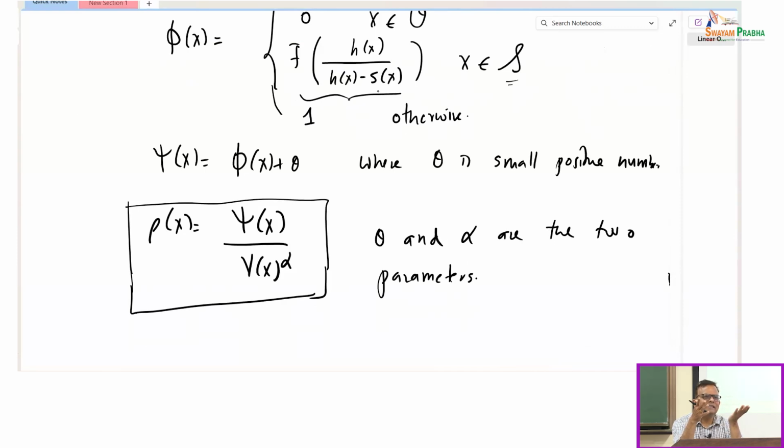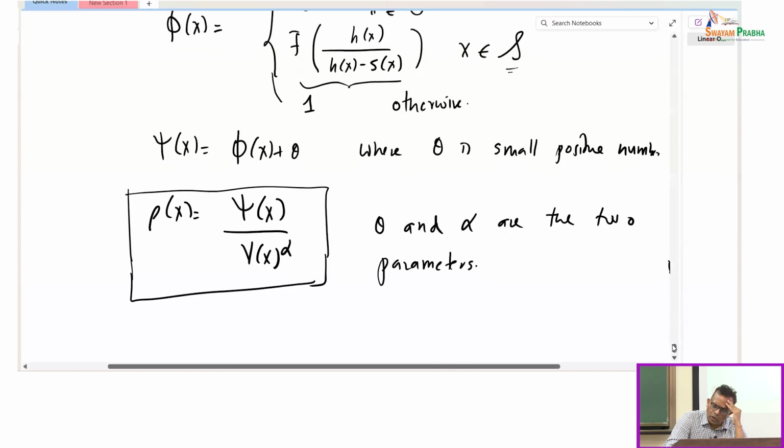One simple construction of s of x is just an annulus around the obstacle set. If it is just the annulus, then it's a fattening of the unsafe set, so s of x can be constructed from h of x with the distance of the sensing region as a parameter.